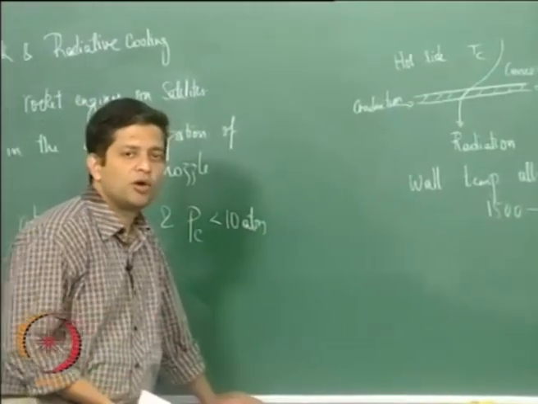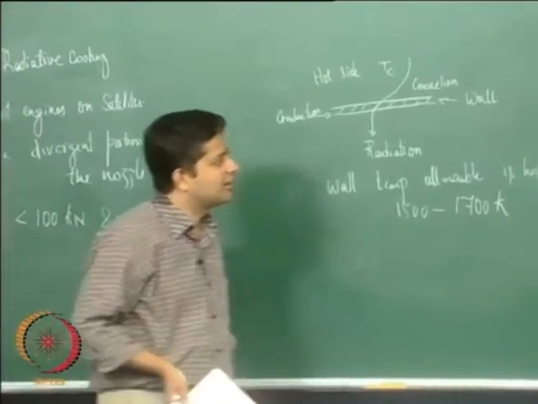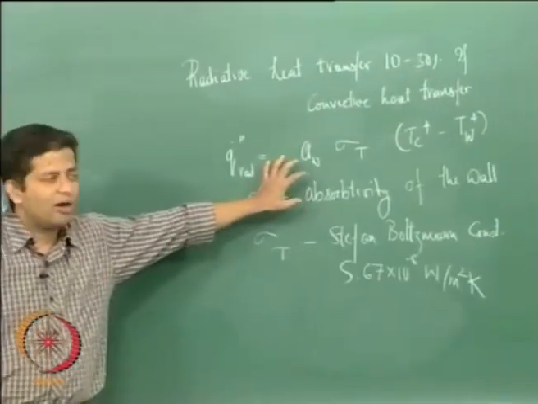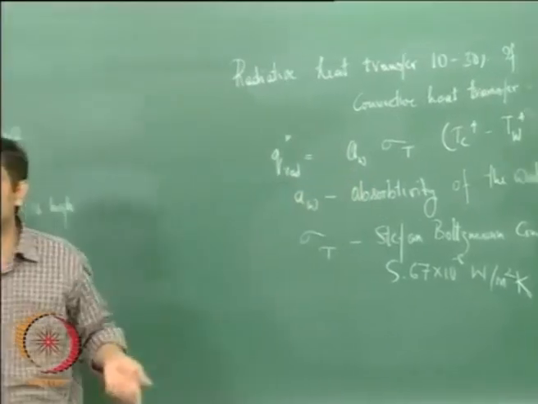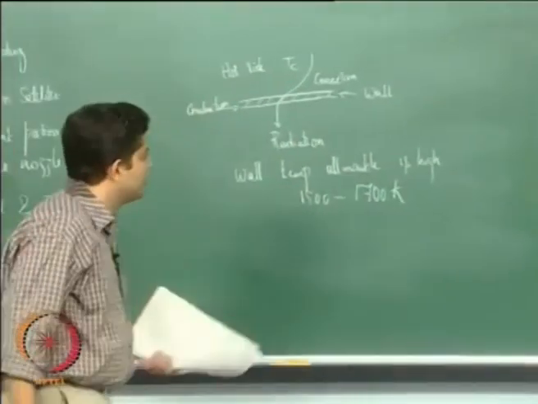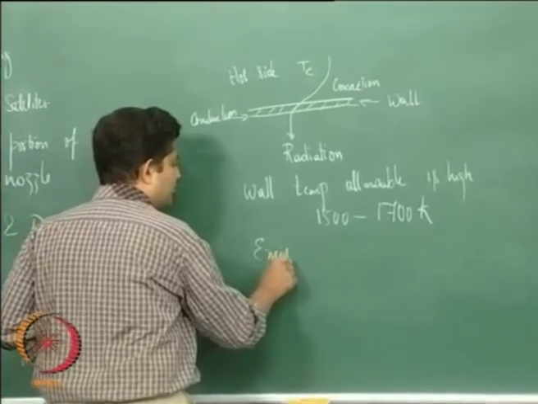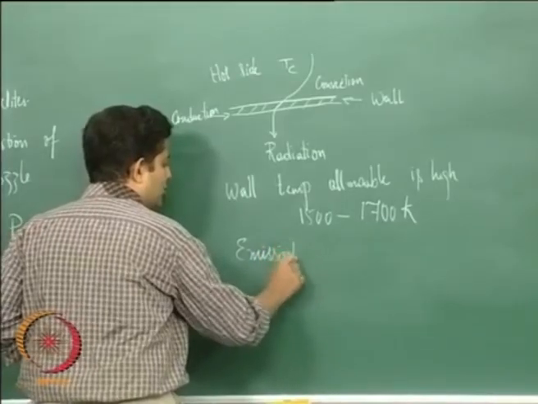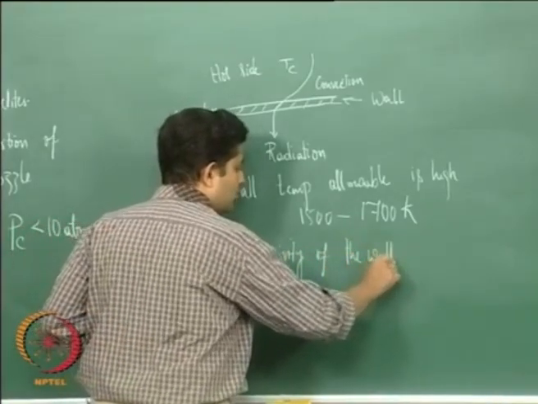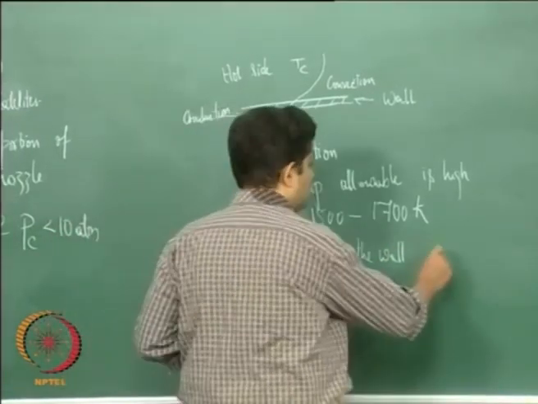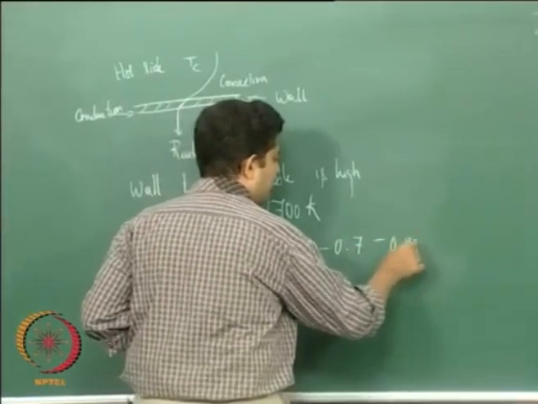What is the other thing that you want to be higher in that equation? If you look at this absorptivity, in this case it will be the emissivity of the wall. The emissivity of the wall should be higher, and it typically varies from 0.7 to 0.85.